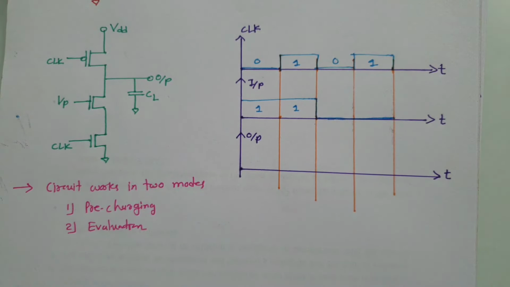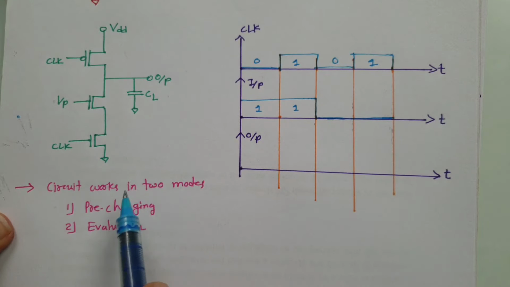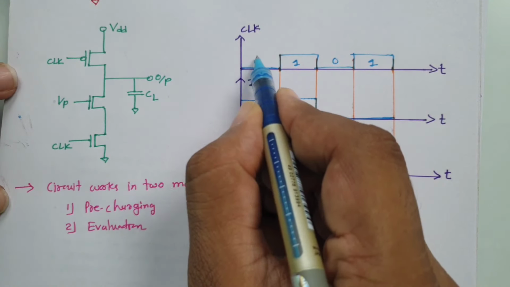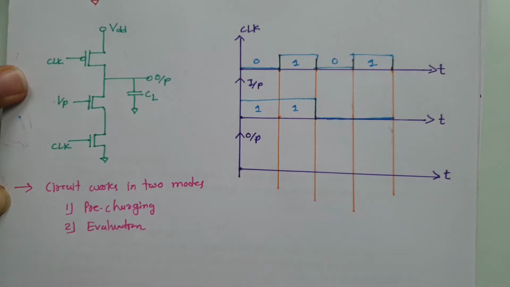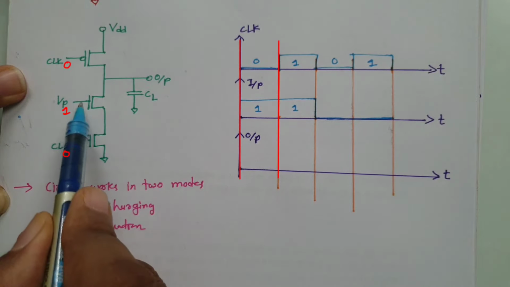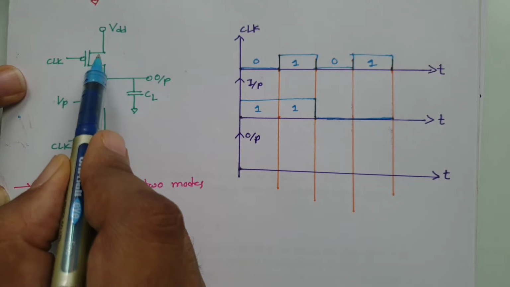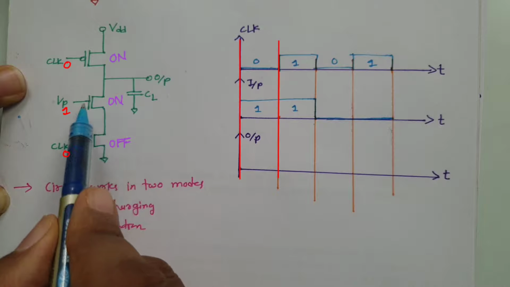Right. Now I'll explain how this circuit functions in two different modes, pre-charging mode and evaluation mode. Let us first consider the case where clock equals 0 and input equals 1. So this PMOS will get on, and this PMOS will get off, and this PMOS will get on.